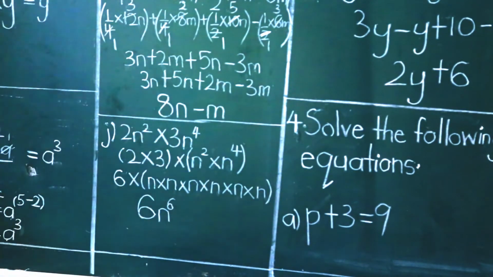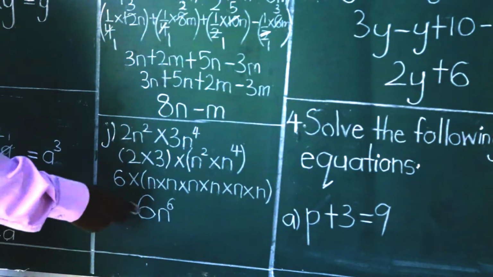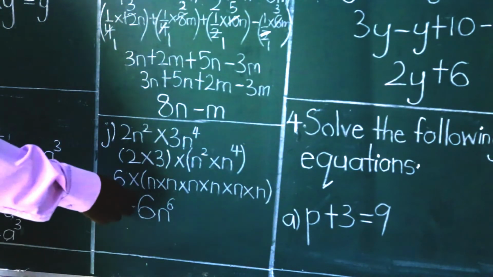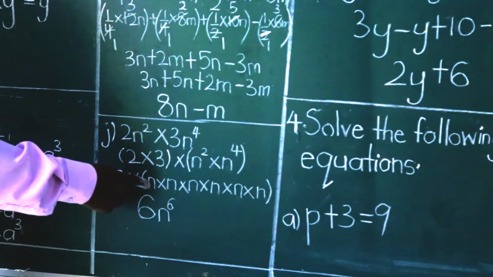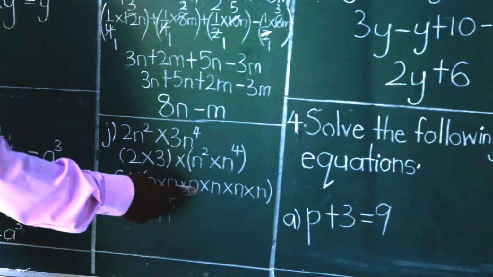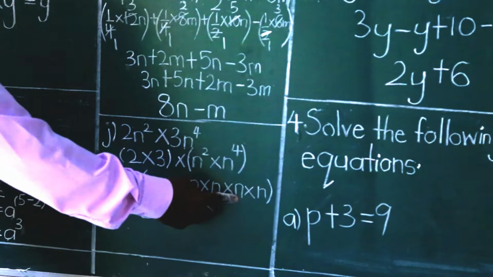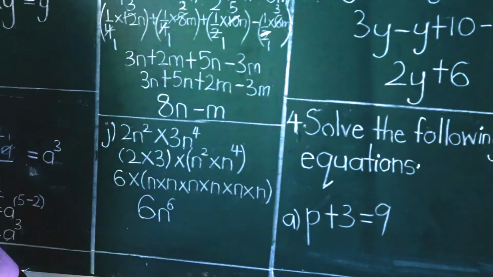And now remember the multiplication of those letters, those are indices of a letter in question. In this case, we've got n. So count the indices of n: index 1, index 2, index 3, index 4, index 5, and index 6. So the answer is 6n index 6.